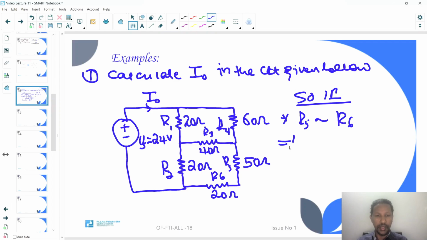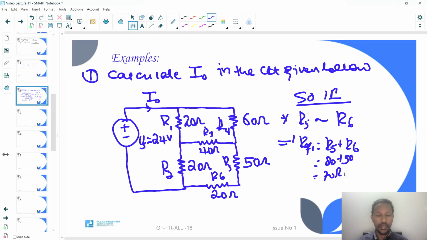Let's say their equivalent is R equivalent 1, which equals R5 plus R6, which is 20 ohm plus 50 ohm, which equals 70 ohm.